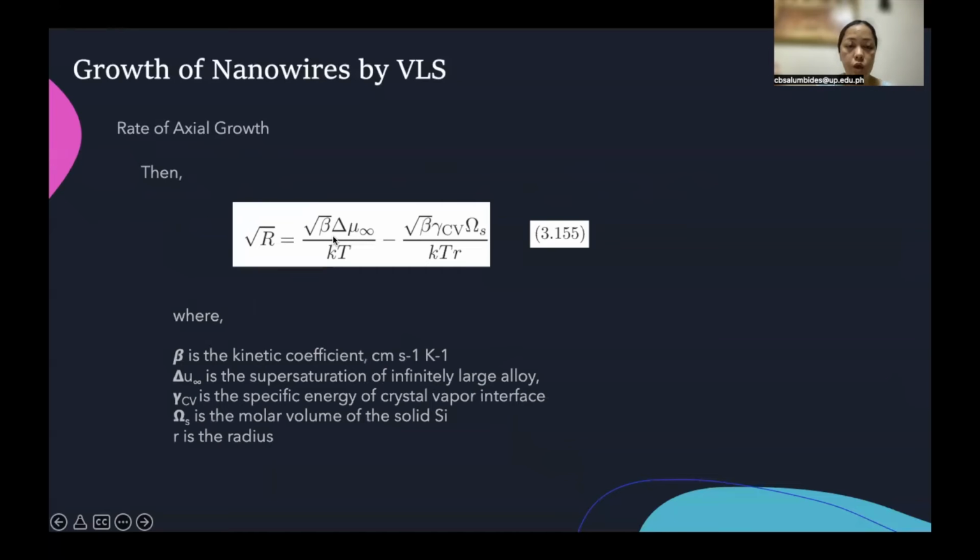From the equation, we can see that the supersaturation and temperature affect the rate of the actual growth. Similarly, the specific energy of the crystal-vapor interface and the molar volume of the solid-liquid are proportional to the growth. Also, a larger droplet represents a higher growth rate due to a larger collection area.